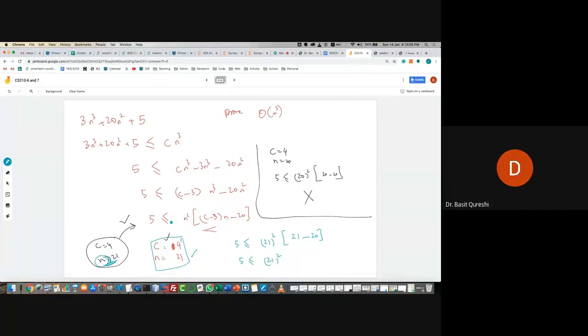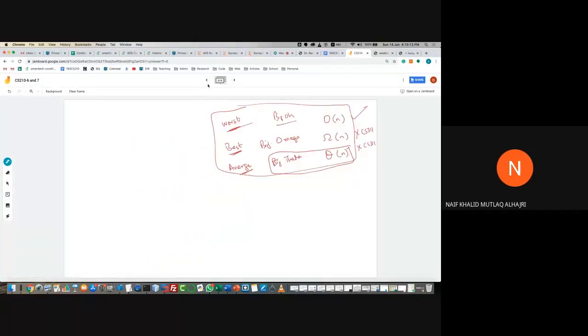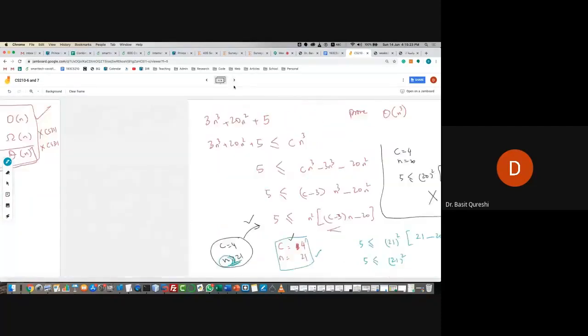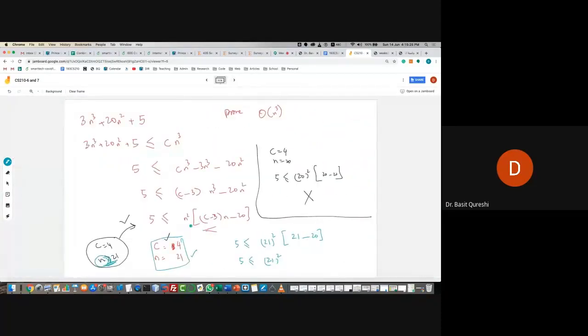Here we tried to do this, and we were able to do it successfully, but here it's not possible. You cannot solve this anymore. If you try to bring this over there, then you're going to have an n on the left side, and we don't want the n on the left side.